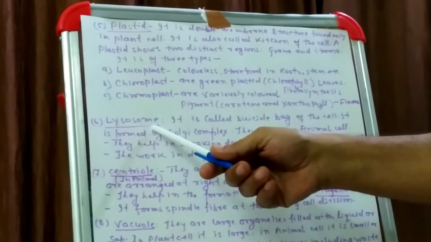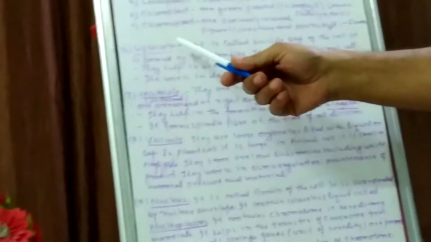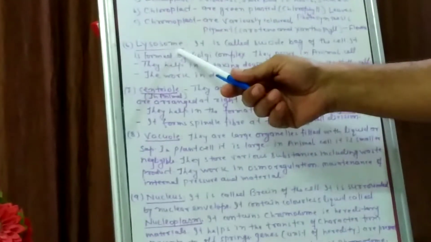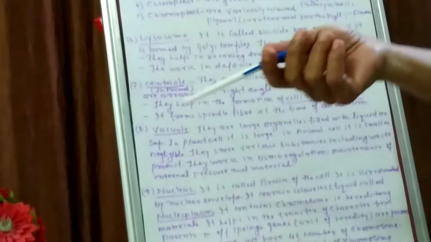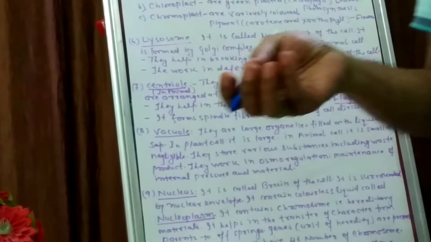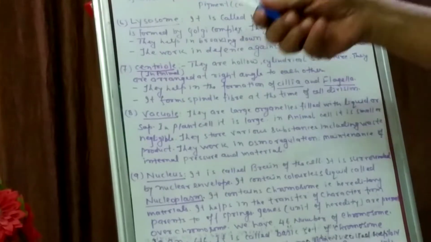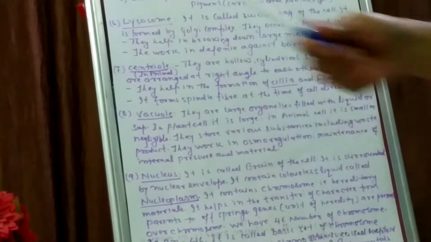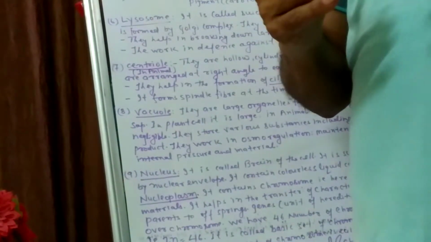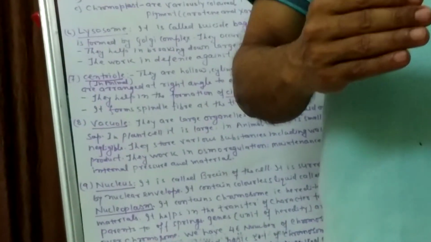Now come to lysosome. It is a very important organelle of the animal cells, not of the plant cells. Sometimes plants also contain lysosomes, but that is very negligible or incipient. It is known as the suicide bag of the cells because it kills its own cells by producing hydrolyzing or digestive enzymes, so that the ruptured cells, dead cells or unwell cells can be removed from the cell, and in place of these ruptured cells, new cells can be produced.